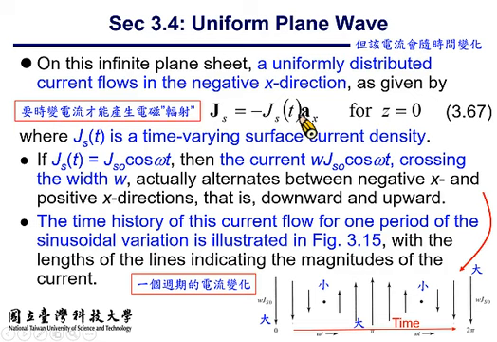So if you observe the currents at z equal to 0, you will find that at t equal to 0, the current goes down and becomes smaller and smaller, then goes up and becomes larger, and becomes smaller again and goes downwards afterward.